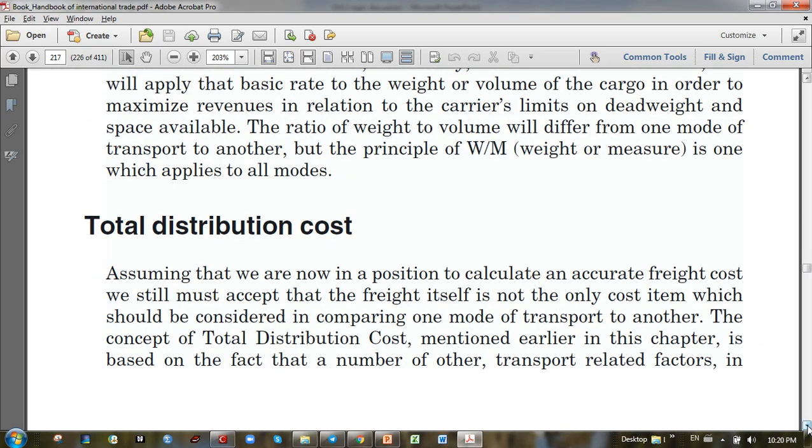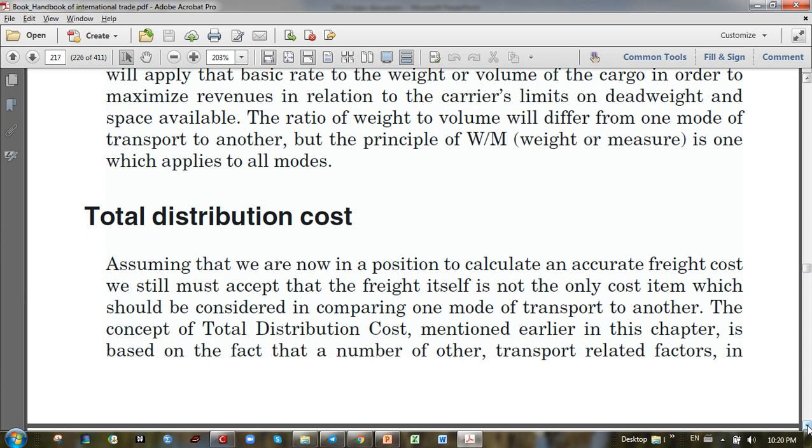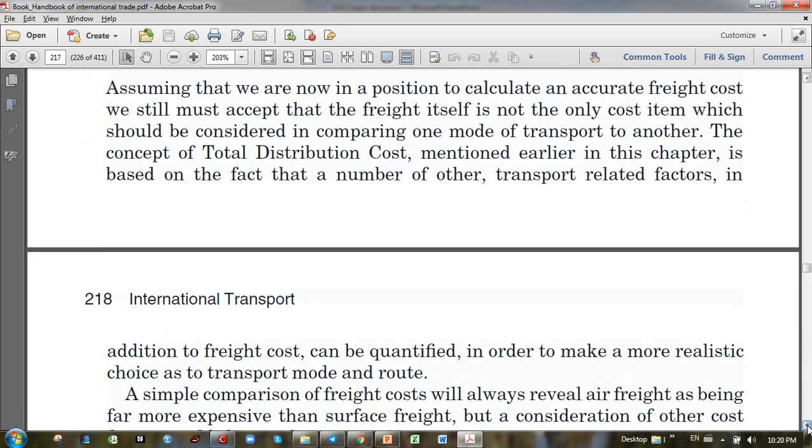Then total distribution cost. Okay, this is the last one.